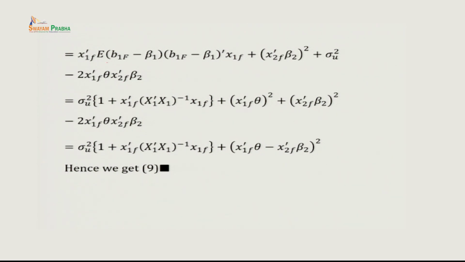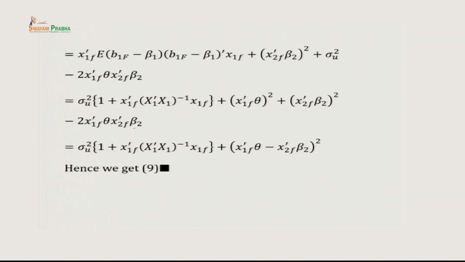And then we write the value of this expectation here, which is sigma square u times (1 plus x1f transpose (x1 transpose x1) inverse x1f) plus (x1f transpose theta) whole square, and then we have this term here, plus sigma square u we have already taken here, and then minus 2 times x1f transpose theta into x2f transpose beta2.